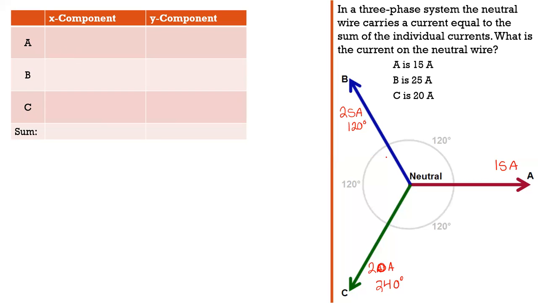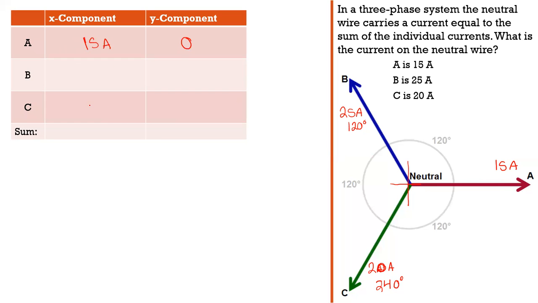So for vector A, you'll notice 15 amps lies directly on the x-axis. So if we put a little crosshair in here, this would be on the x-axis. Because it's on the x-axis and it's not pointing in the vertical direction at all, vector A is 100% x component and no y. So 15 amps for x and 0 for y.